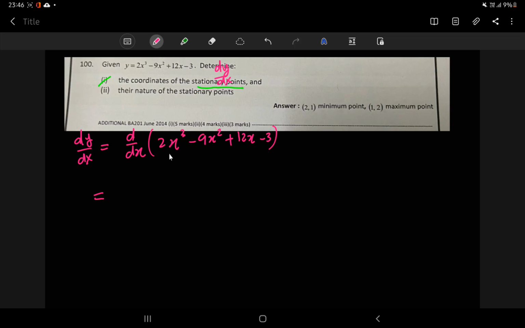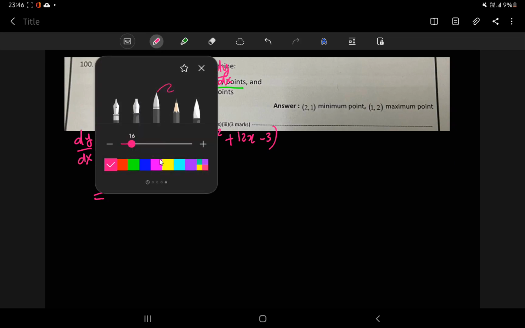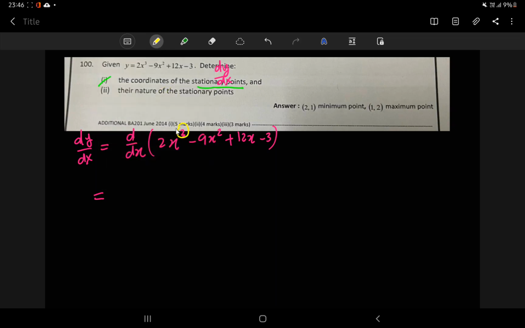Alright, so the derivative of 2x cubed with respect to x is basically, the 3 moves in front, multiplied with 2, so 2 times 3, then the x will be x to the power of 3 minus 1, so we subtract 1 from the previous power.